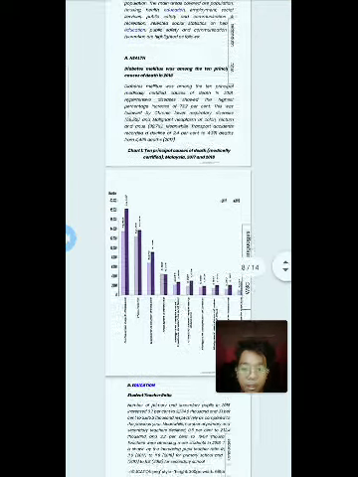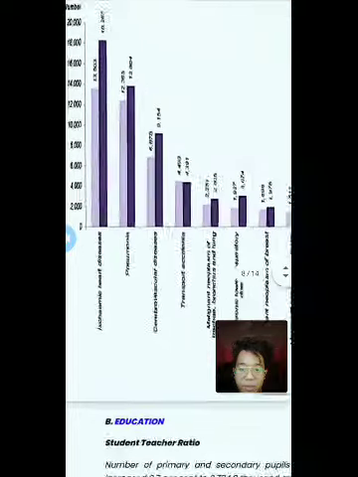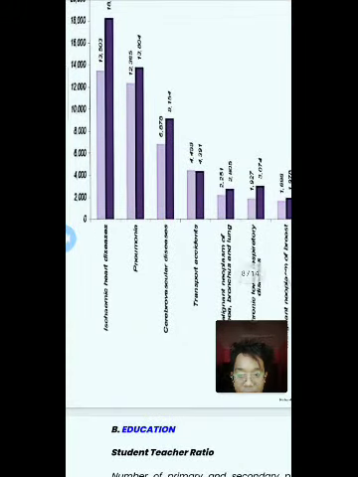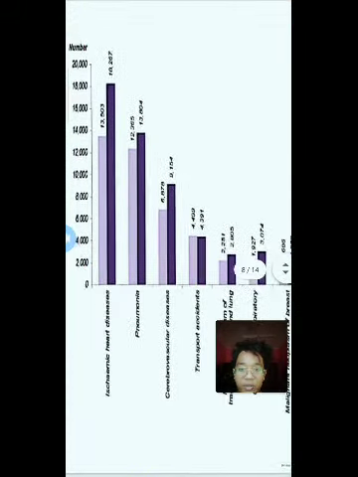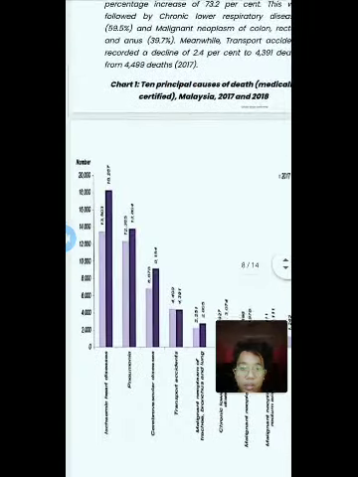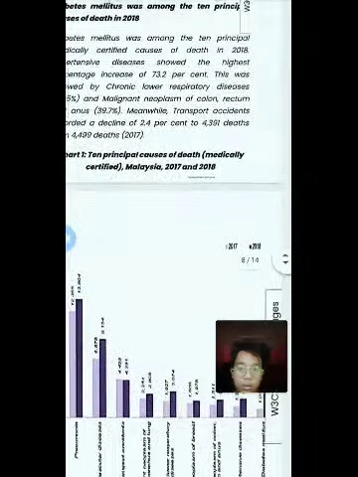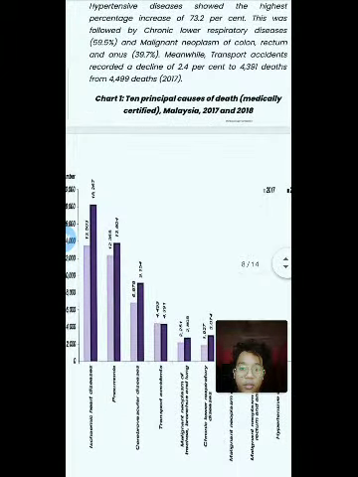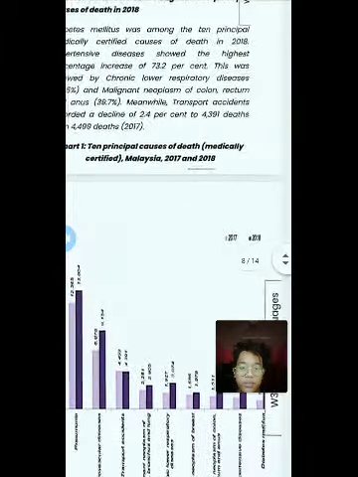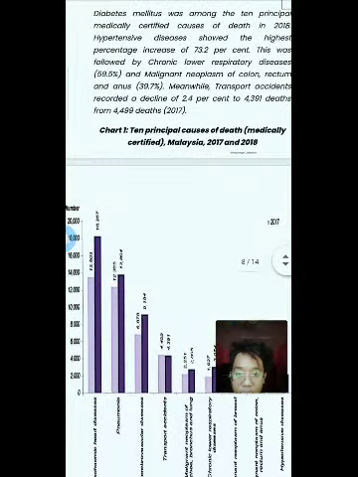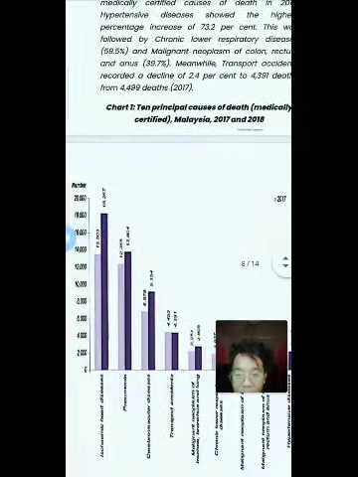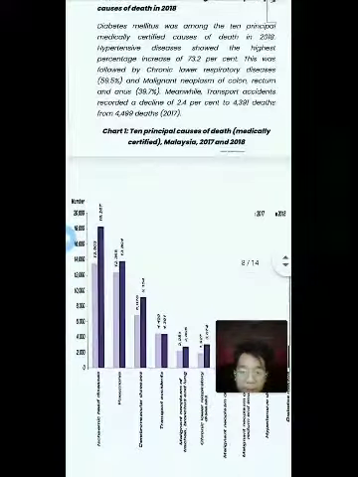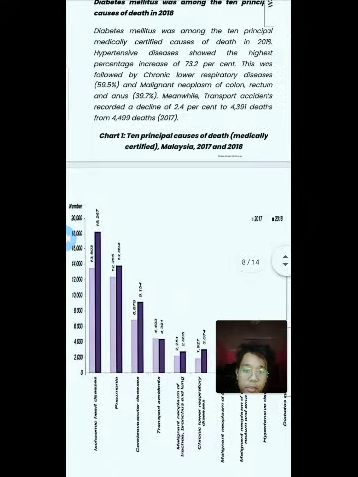As you can see there, the first one is ischemic heart disease. It's not injuries, but deaths.